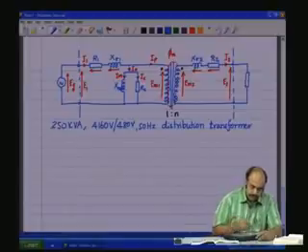Now, first let us find out the base impedances.